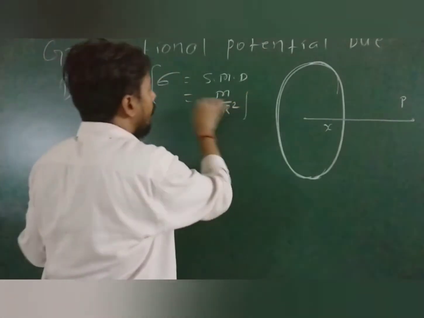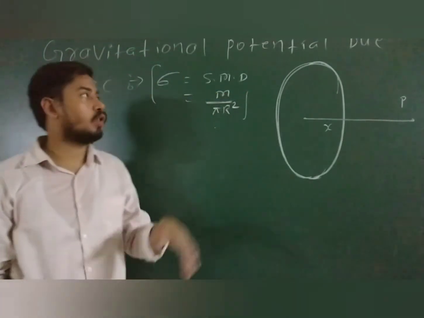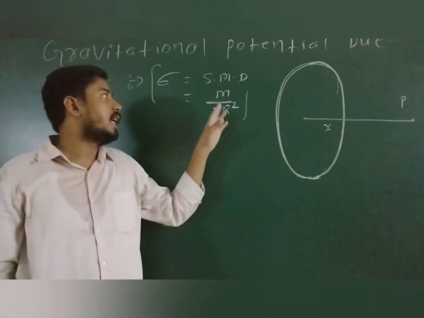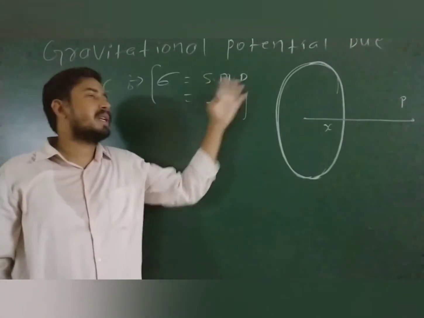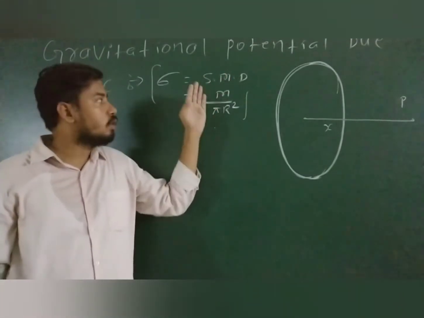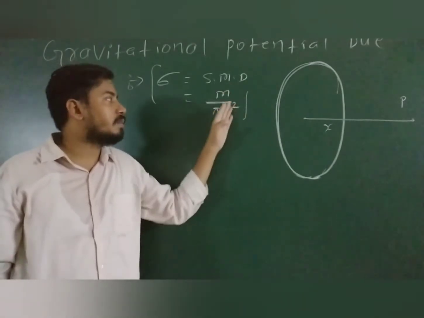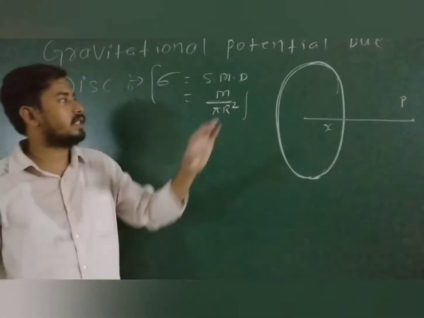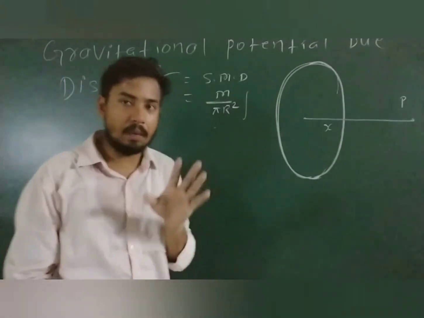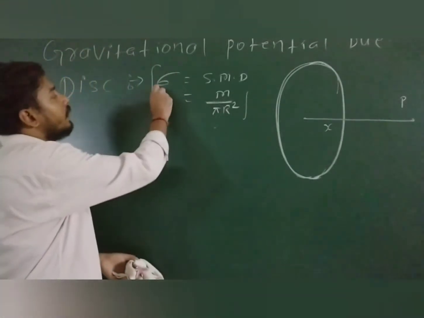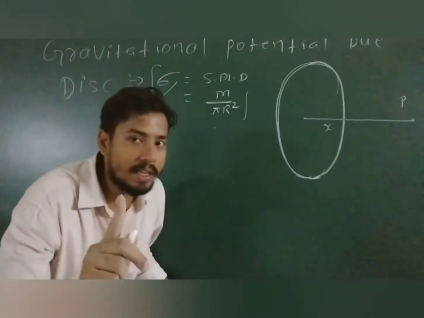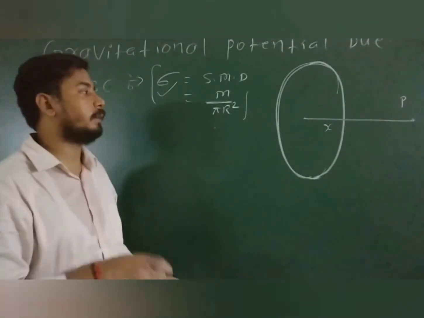If it is charged, we can say surface charge density, but right now it is mass, so surface mass density. This is mass by area, because the whole mass is distributed across the surface. This represents mass per unit area.